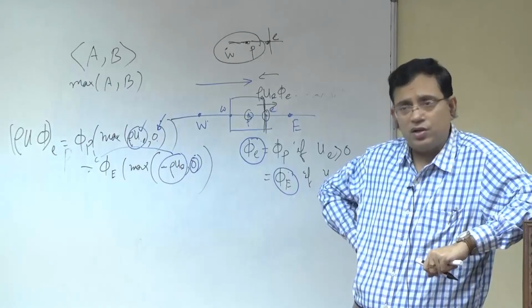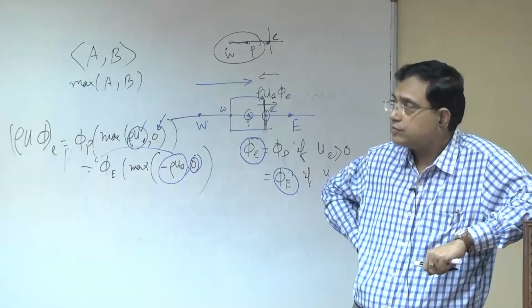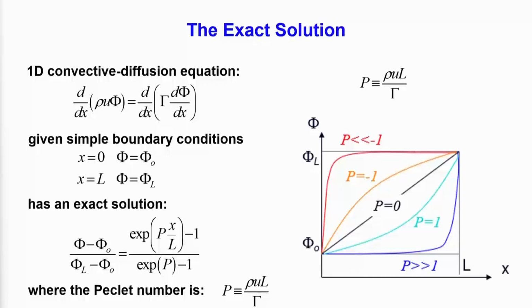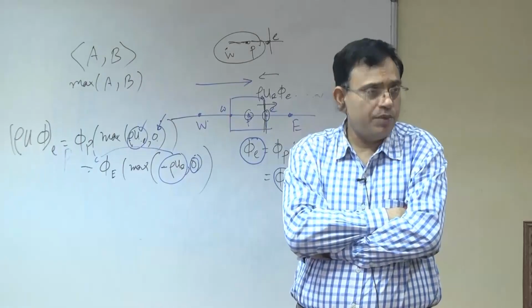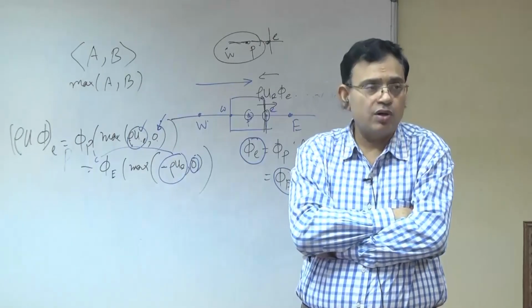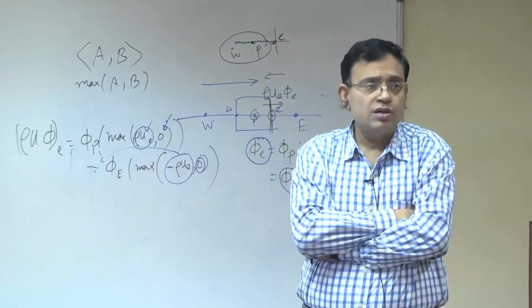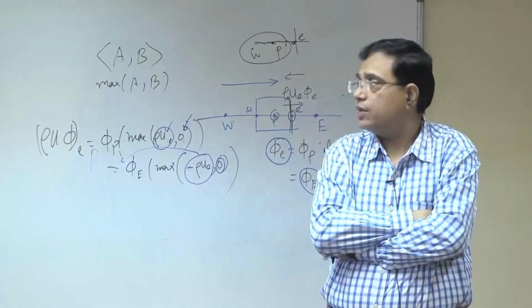In reality, you may not have either very small Peclet number or very large Peclet number. So, it may not be a bad idea to see, in reality, a situation where you are keeping the Peclet number as a parameter, neither large nor small, and try to see how your solution behaves for the limiting cases of very small and large Peclet number.